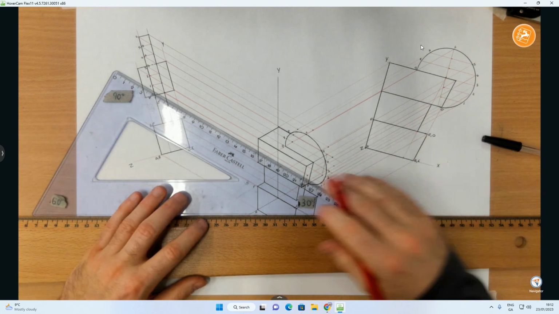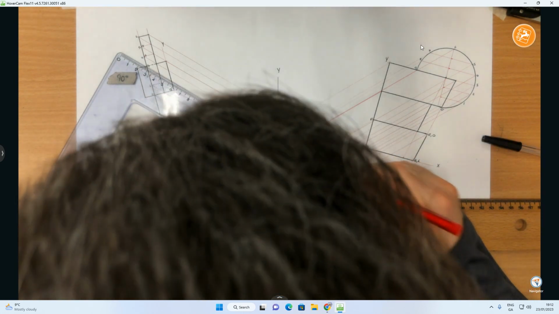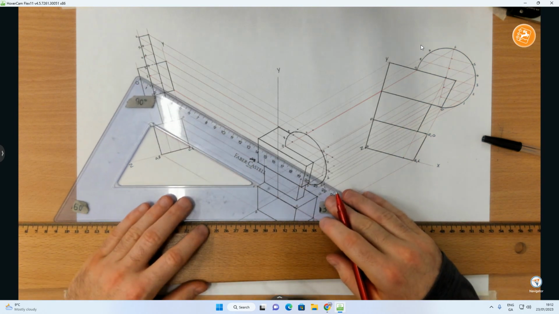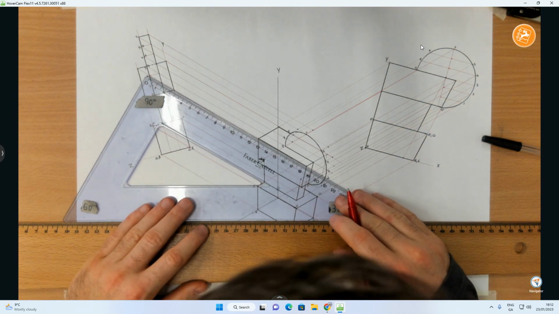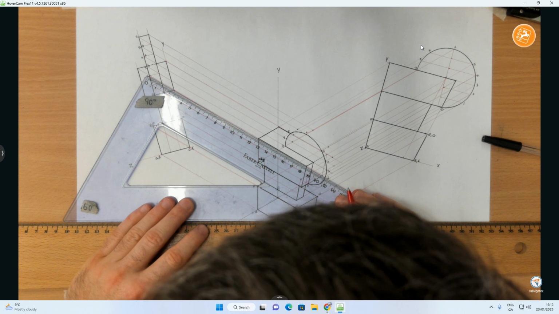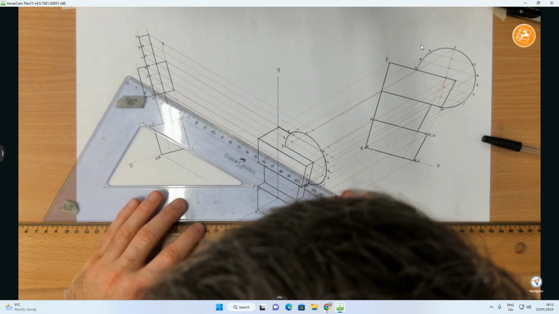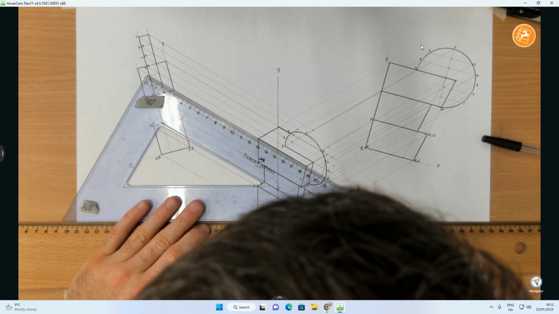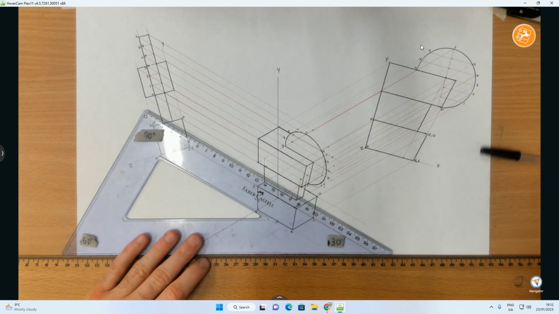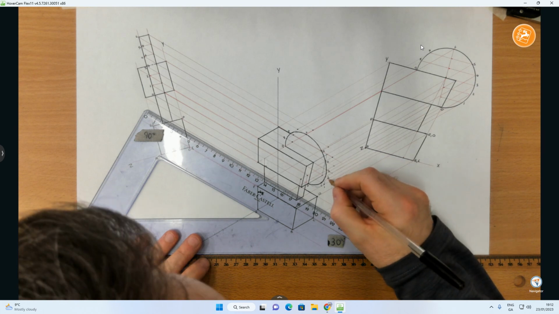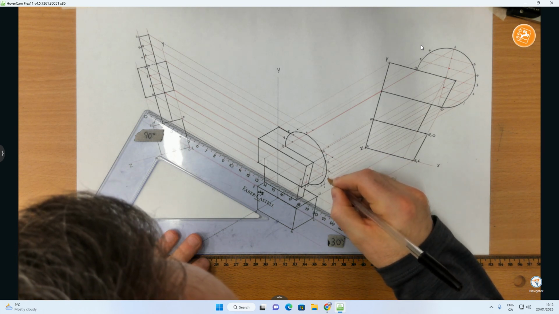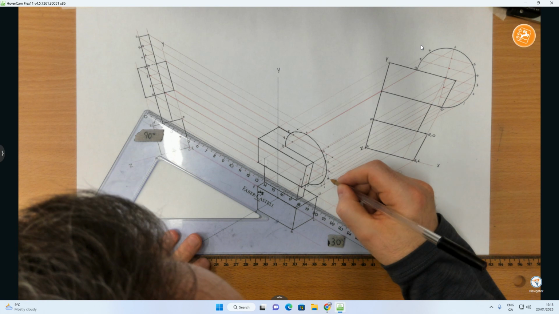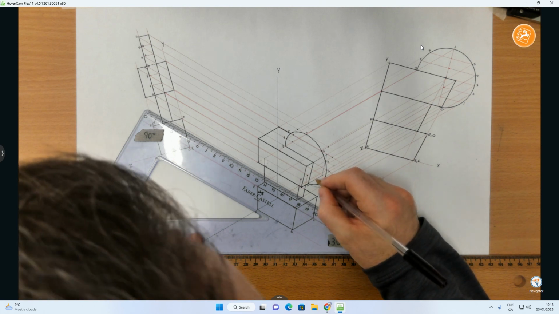I'll be sure of that one, I'll just check. Yeah, that one's good. And then the one that's going to be opposite the number 1, which is in there. Let's send that one out a little bit further. And there's the 1. And then finally, the last one is going to be down in here.